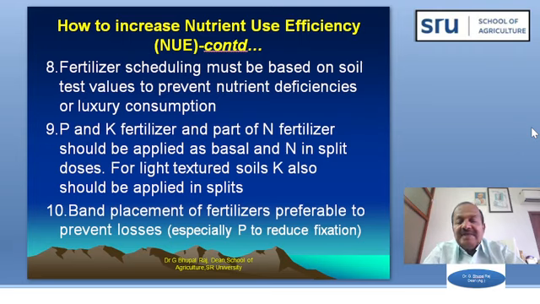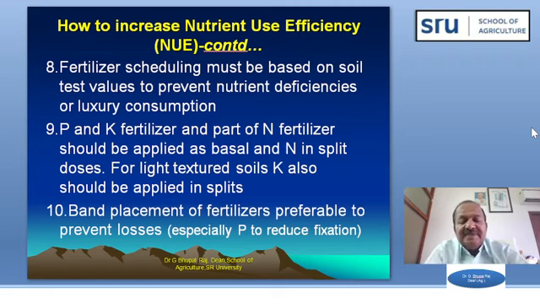Phosphorus and potash fertilizers and part of the nitrogen fertilizer should be applied at basal, and nitrogen in split doses. For light textured soils, potash should also be applied in splits. Generally, phosphorus fertilizer is needed for better root establishment at the initial stages, and some quantity of potash fertilizer is also required at the basal stage.